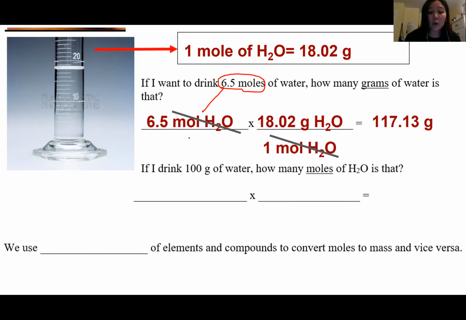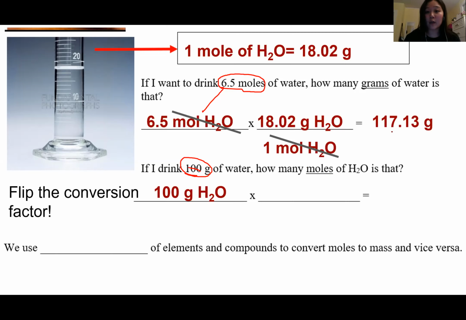Now I'm giving you grams. If I drink 100 grams of water, how many moles of water is that? So we always start with our given value, okay? And now, instead of going from moles to grams, you're asked to go from grams to moles, which means we have to flip the conversion factor.